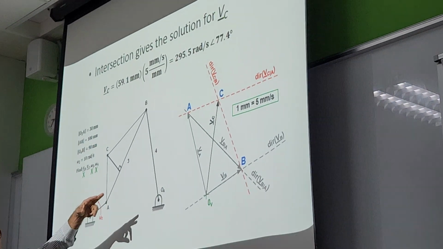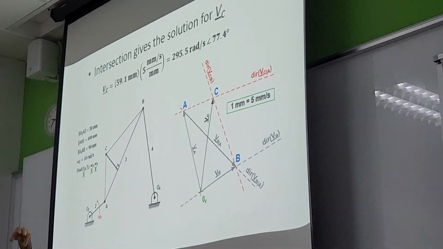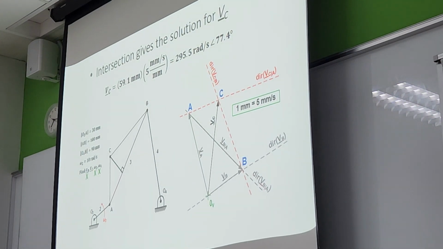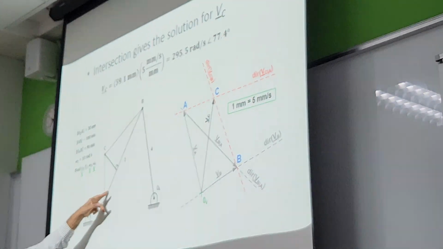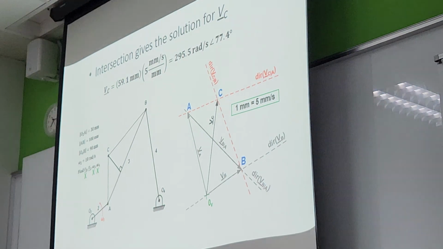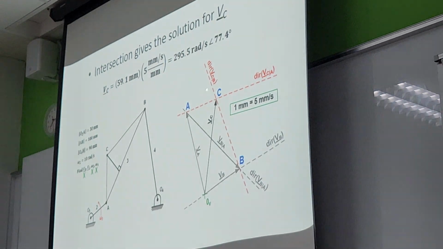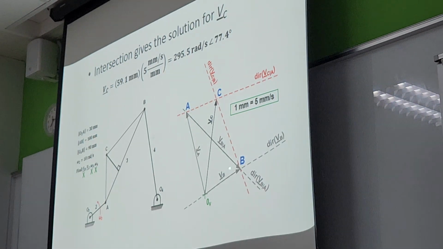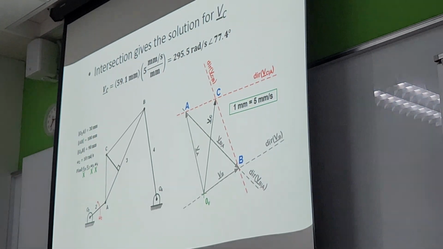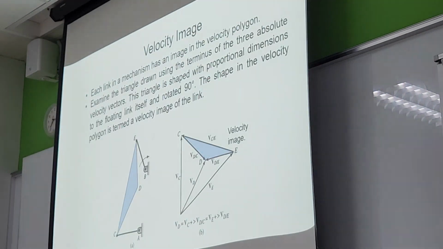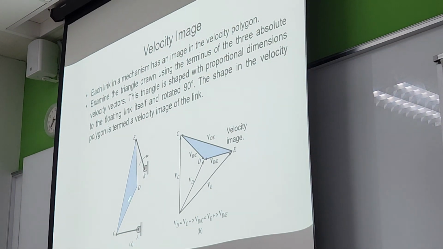You can just draw a velocity vector to that point on the image, and that gives you the velocity of this point. So on any point on link 3, you will be able to measure velocities using this velocity image.